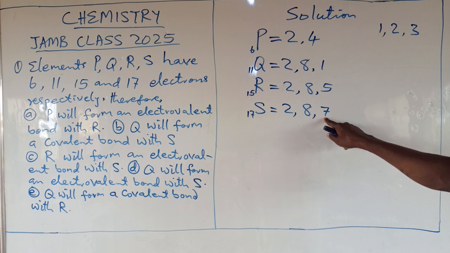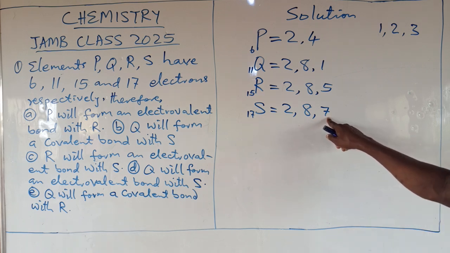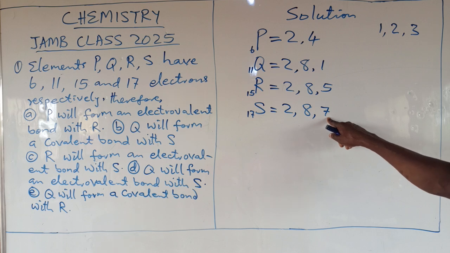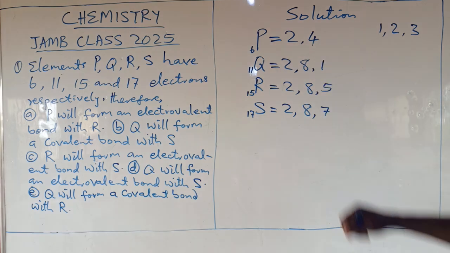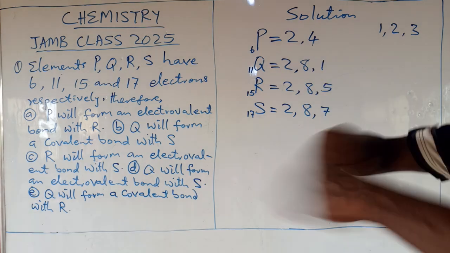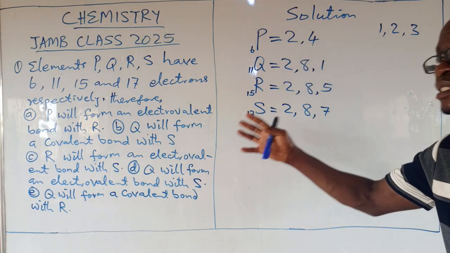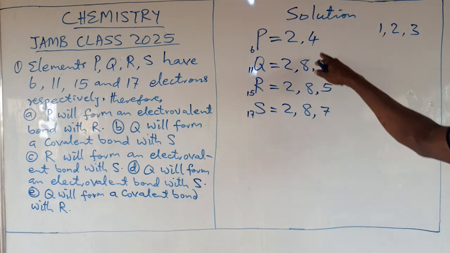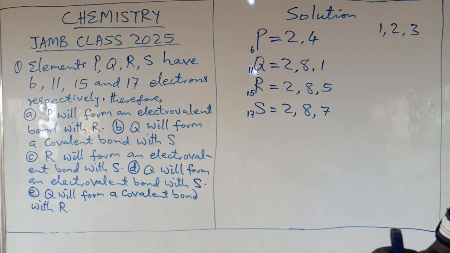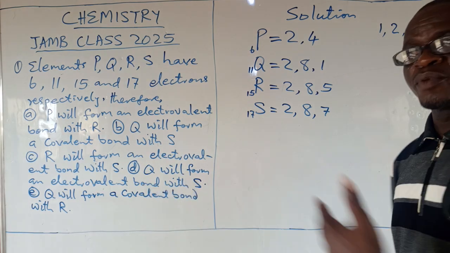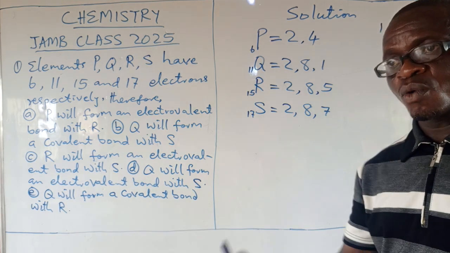This one has 7, looking for 1 to make it 8, so it can collect 1 from another atom. But the one that has 4 will not give out 4 or collect 4 from another one. Instead, it will undergo equal sharing: bring what you have, let me bring what I have, we share equally.